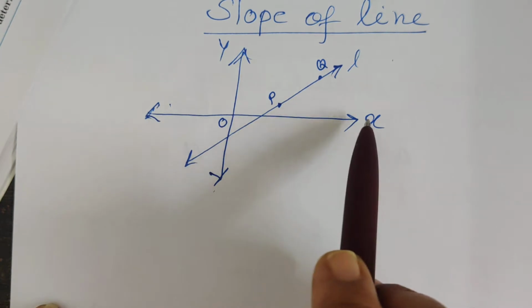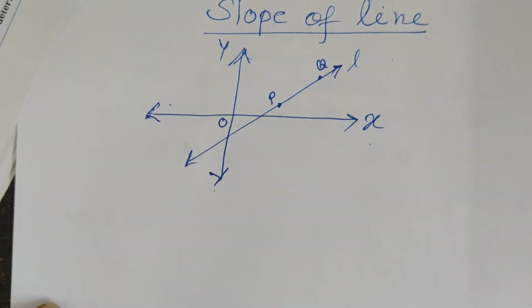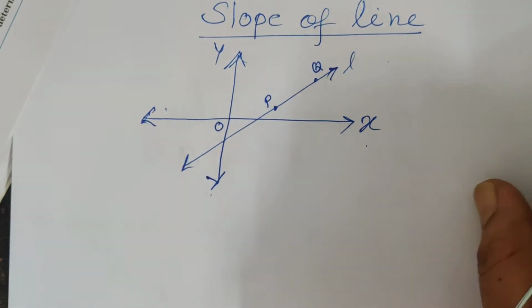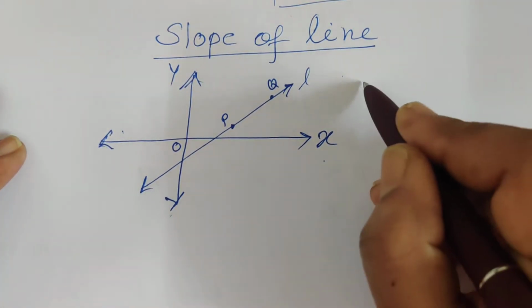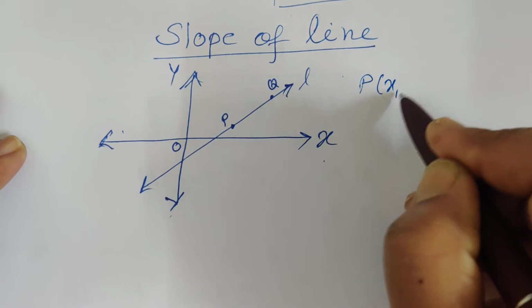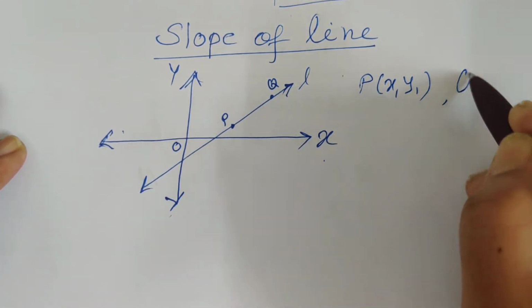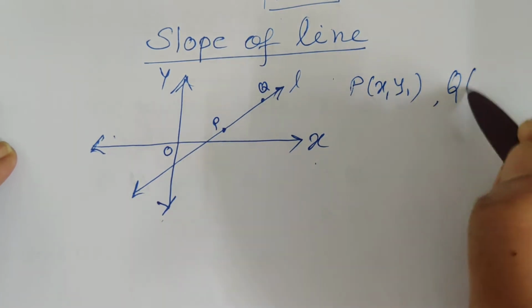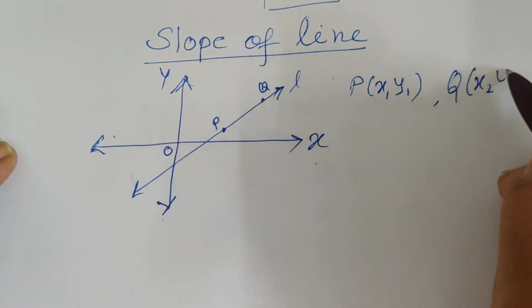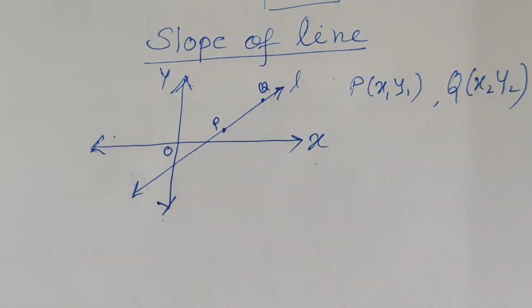Suppose P's coordinates are x1, y1 and Q's coordinates are x2, y2. If these are the coordinates of the points P and Q, then in the textbook one activity is given.